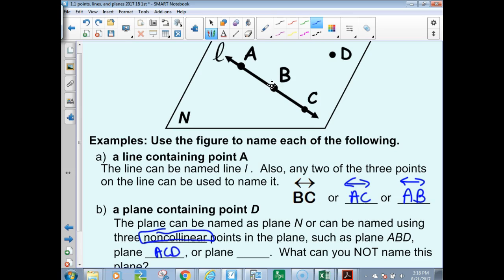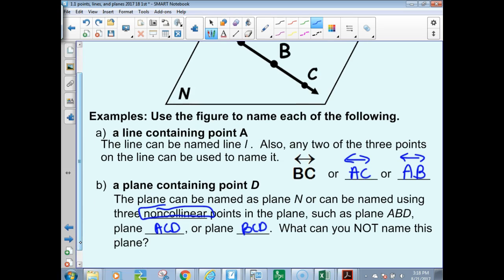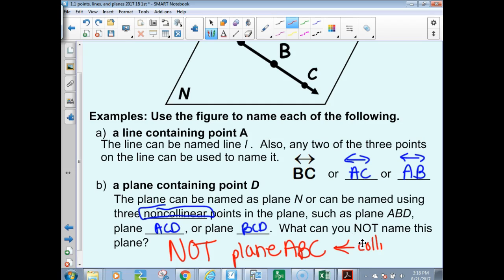We did ABD, we can name it ACD, and there's only one other way: BCD. It doesn't matter if these are scrambled, just using any order of those 3 letters works. You cannot name it plane ABC, because those are collinear points, and you cannot use 3 collinear points.